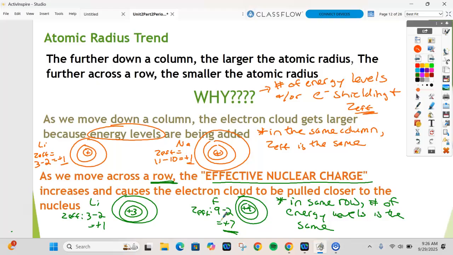That's one of the things. The other piece of it is, in the same column, the distance between the electrons and the nucleus changes. So here, with the lithium and the sodium, the valence electrons are closer to the nucleus.